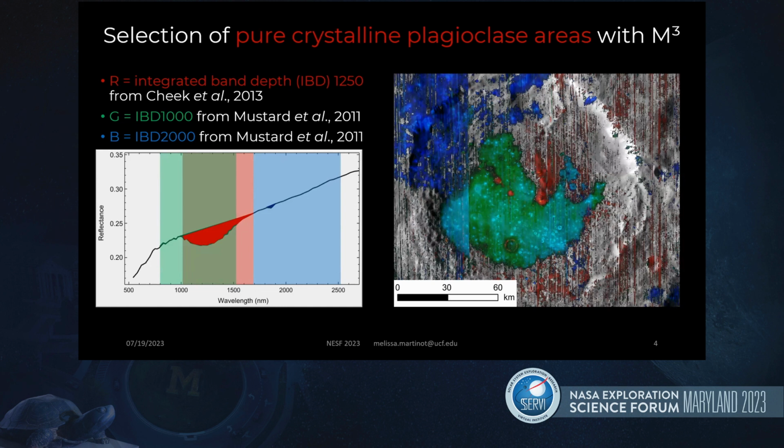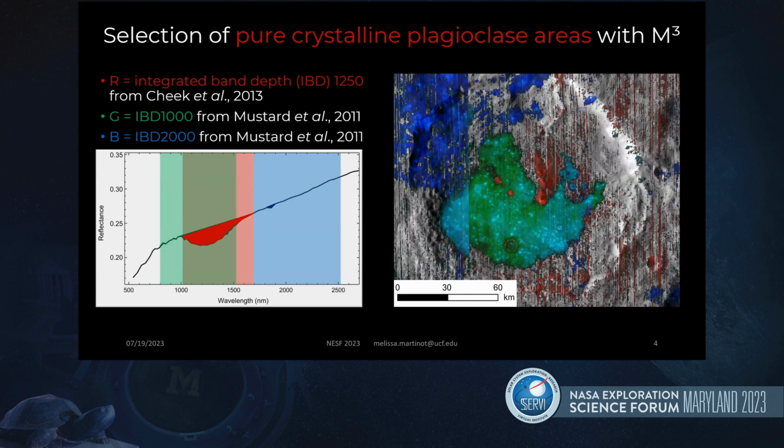The regions that we are interested in are the regions that are here in red. And I forgot to mention that this spectrum is a beautiful plagioclase spectrum. There is a single wide absorption band here. Those spectra that are in red here are good candidates for pure crystalline plagioclase detections.